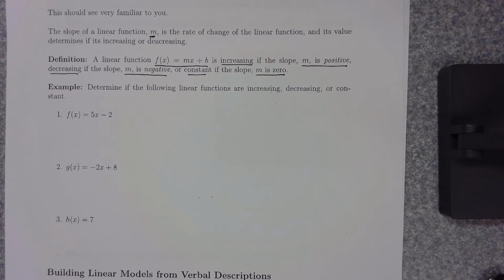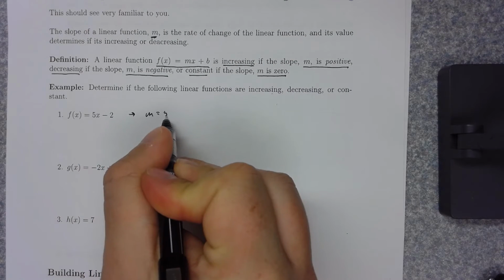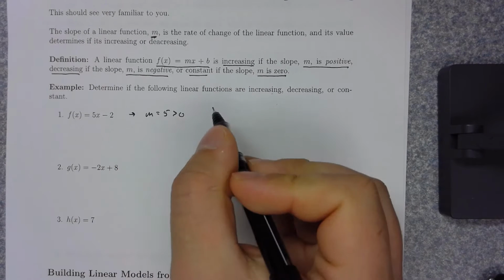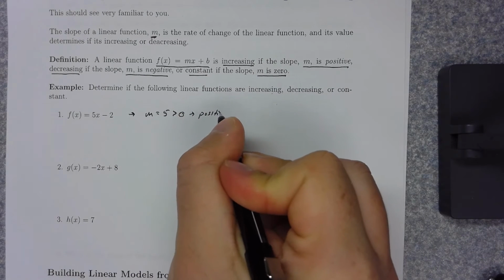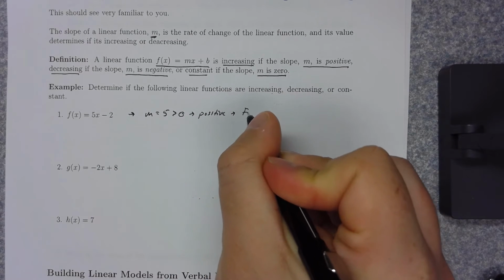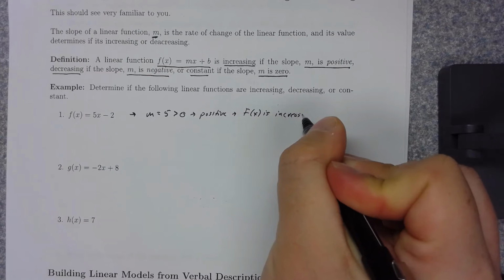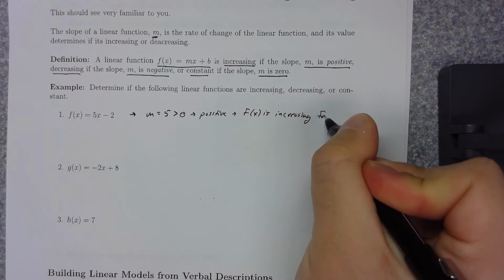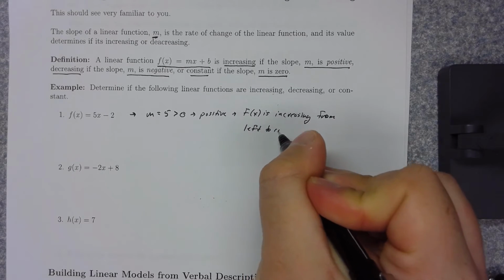So, yeah, these examples should be relatively easy. So these linear functions right here, well, my slope here is 5. Obviously that's positive. So that means f of x is increasing from left to right.